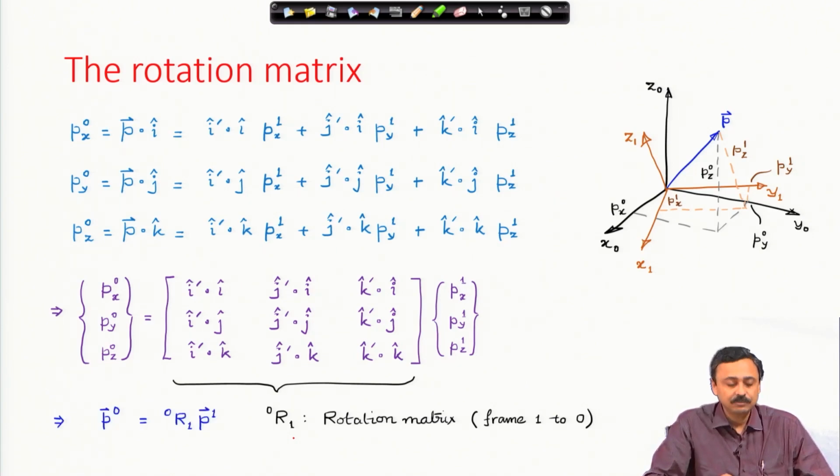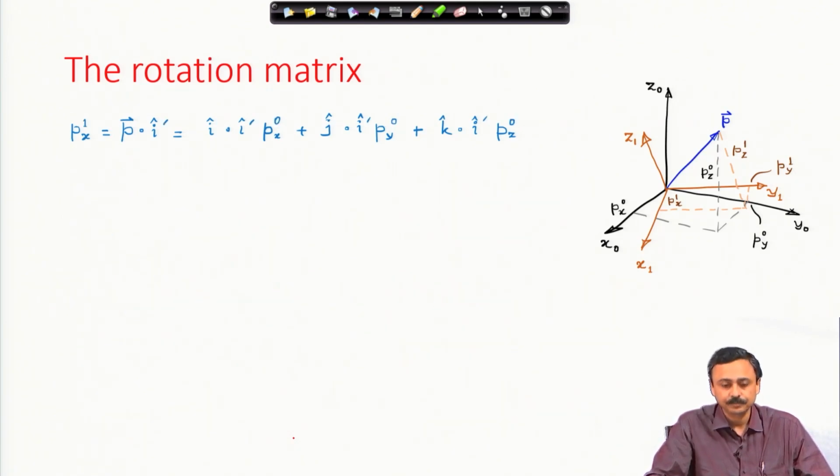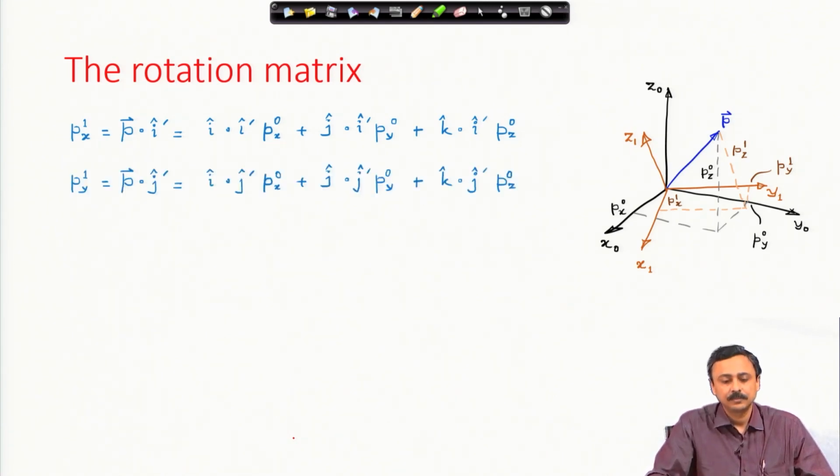And in vector notation we will write p 0 is equal to R from 1 to 0 multiplied by p 1, and that multiplication is shown. Now, I do the reverse thing. I take dot products with i prime cap, j prime cap, k prime cap of both the vector representations, what was shown in black and brown both.